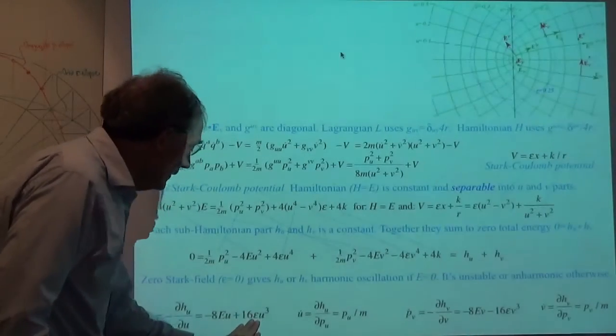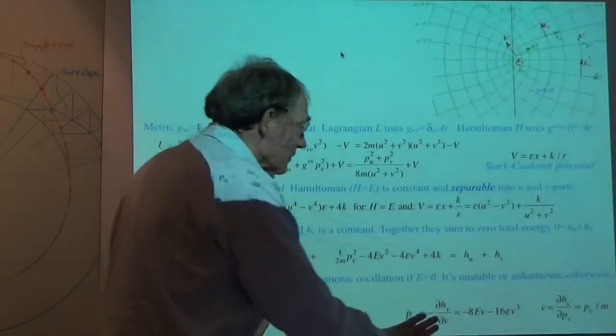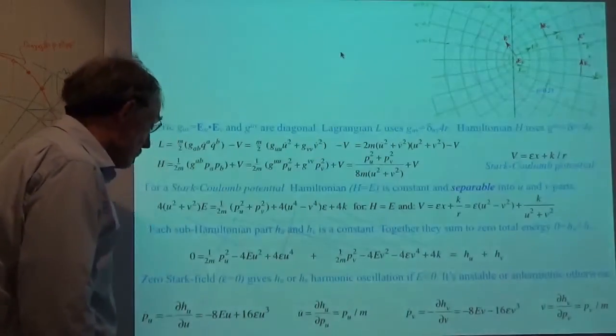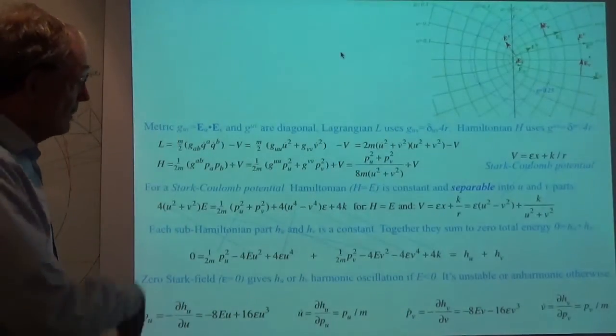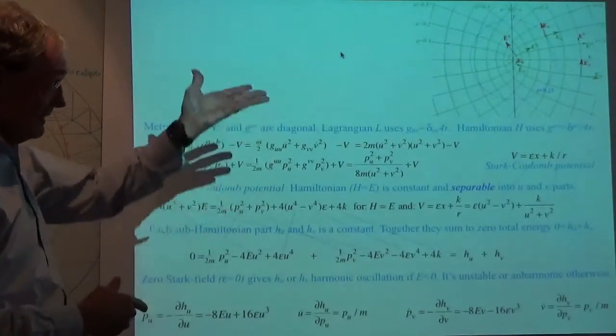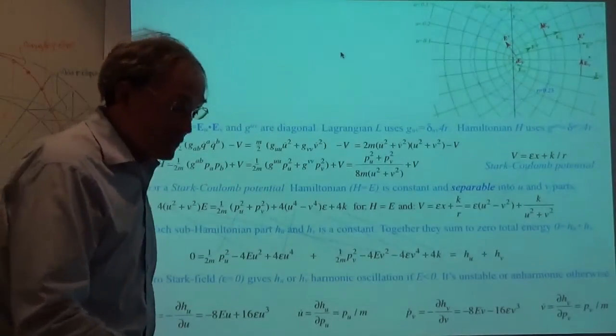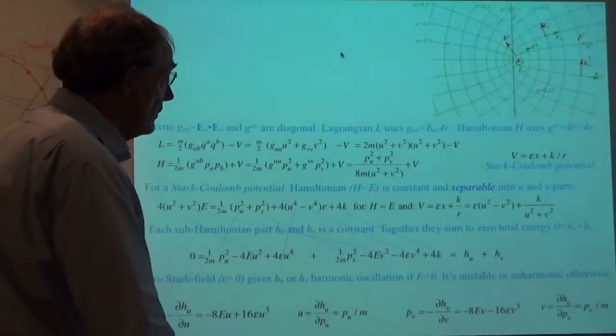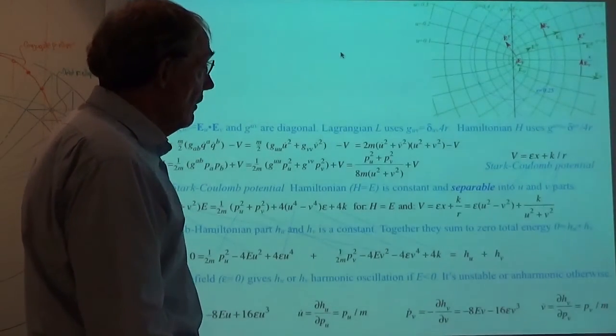If I just turn the epsilons off, turn that field off, this becomes a harmonic oscillator, which is what a Coulomb orbit is, but it's in this coordinate system. It really looks harmonic. I think that's a cool thing to notice all by itself.